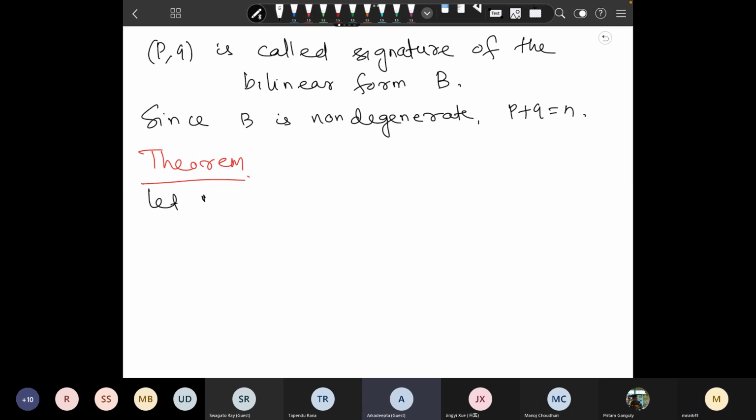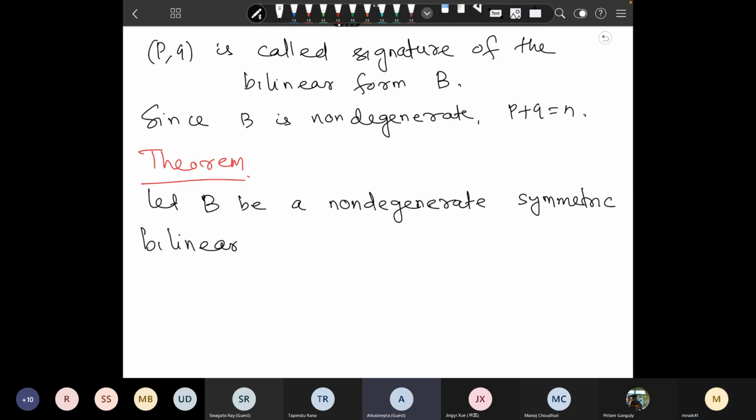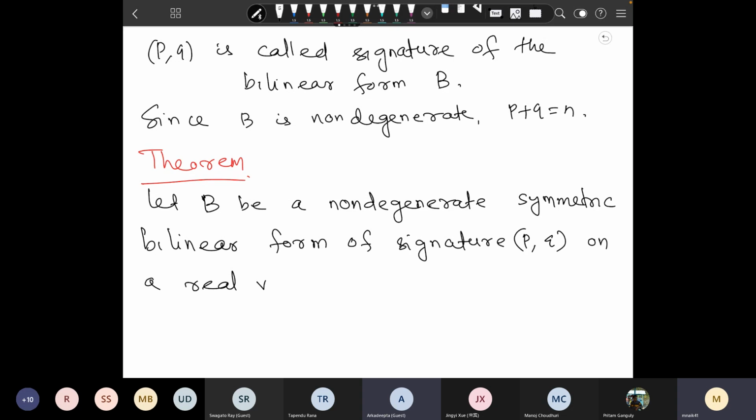Let B be a non-degenerate symmetric bilinear form of signature P comma Q on a real vector space V. Symmetric is important.